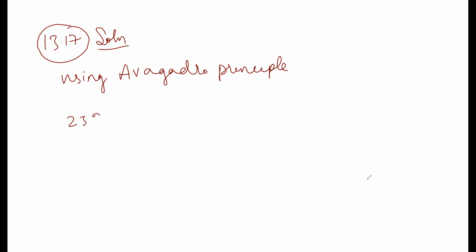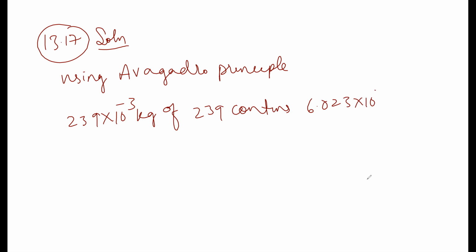So it is very easy. It is calculated by using Avogadro's principle. So 239 into 10 to the power of minus 3 kg of plutonium-239 contains Avogadro's number, 6.023 into 10 to the power of 23, of atoms.